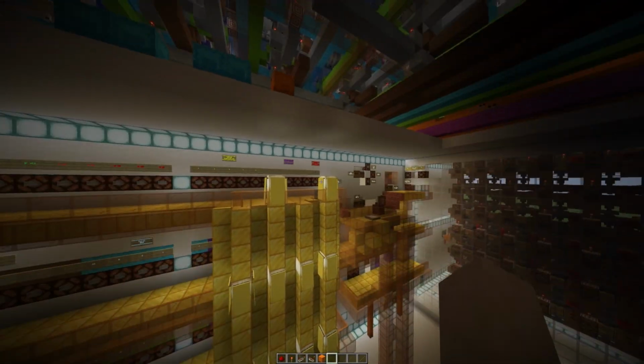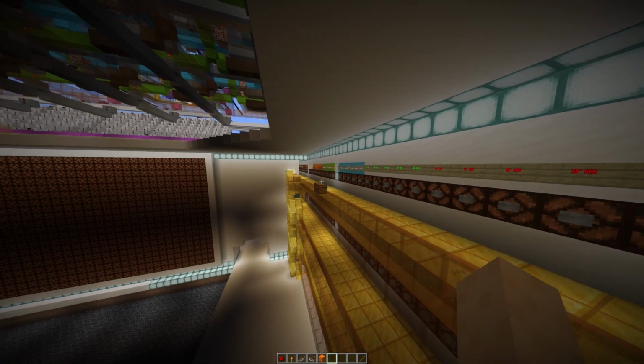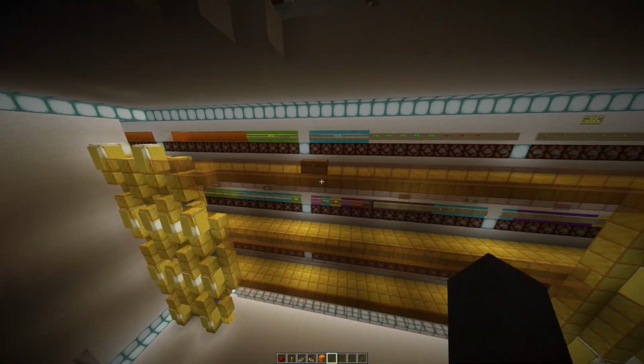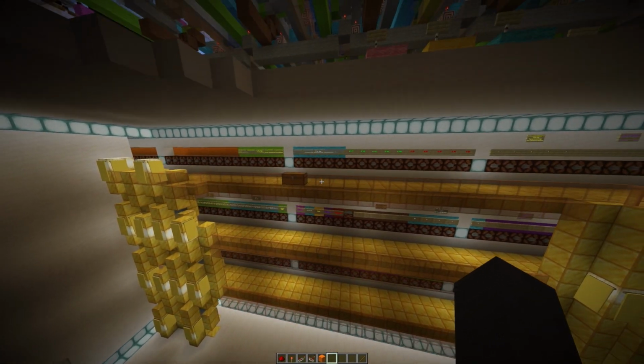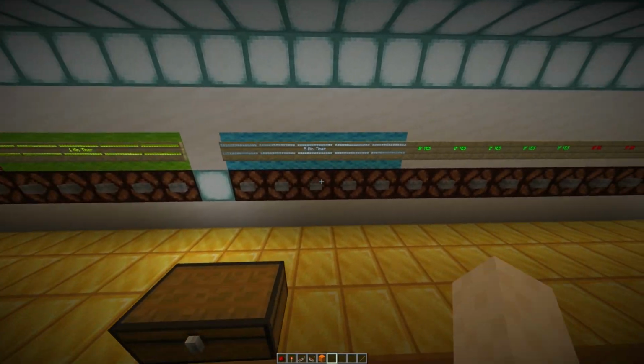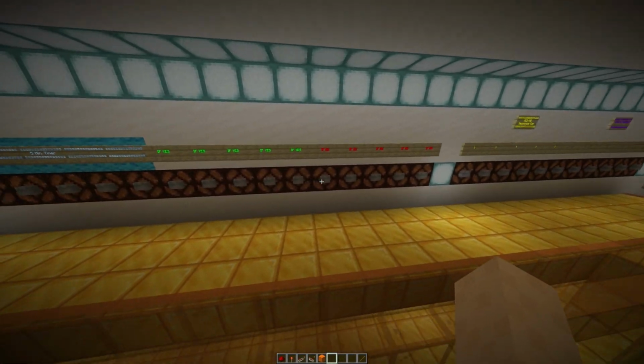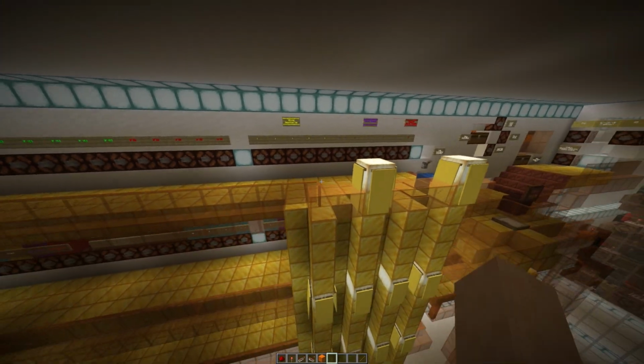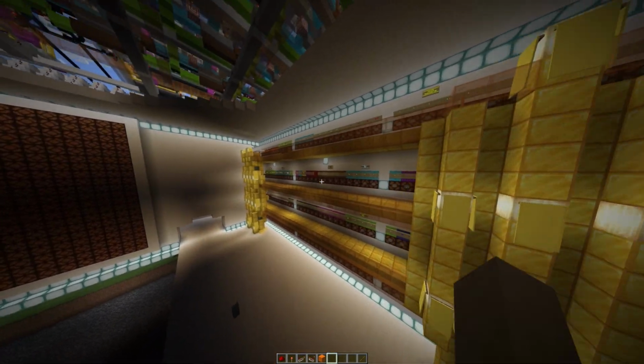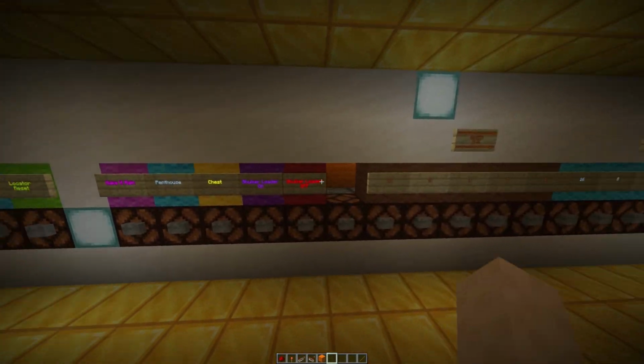So there's a lot of buttons here, and each one of these buttons does a thing, not necessarily a different thing. Like all 5 of these do the same thing, all 5 of these do the same thing, and so on and so forth. Some of them are unique, like these all do different things.